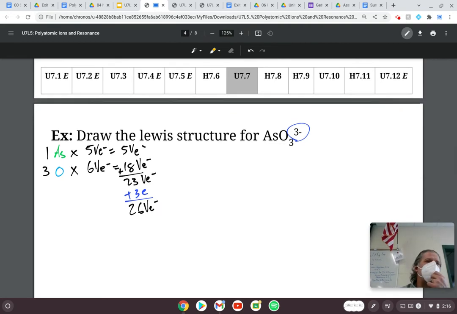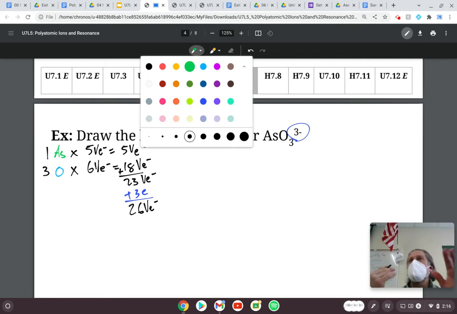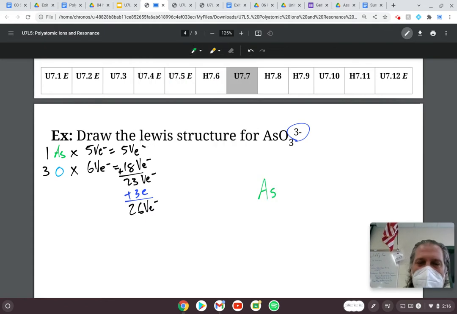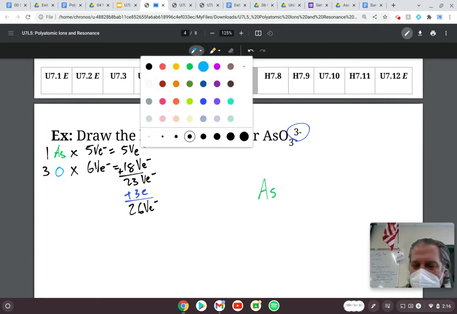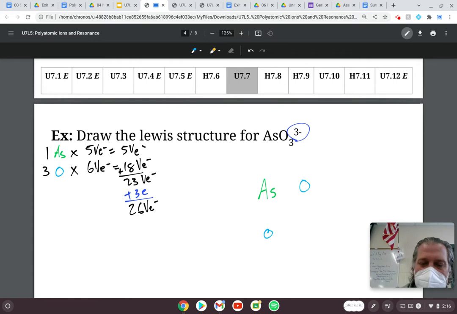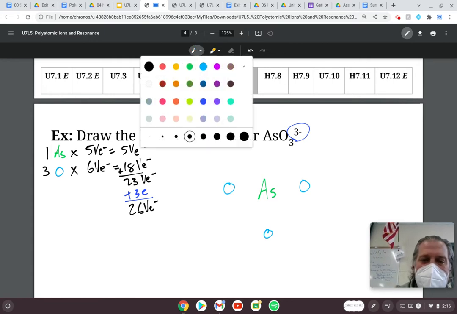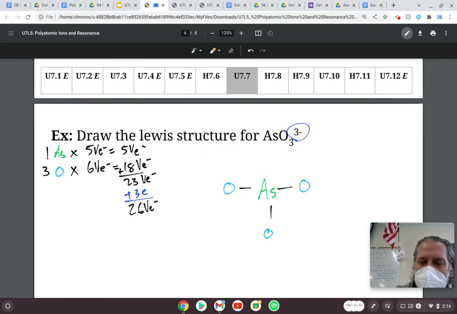So just like we've done in the past, I'm going to take my central atom, which in this case is the first atom. It's also the atom that there's only one of. So I'm going to draw that in my middle. I'm going to add my oxygens to it. So I'm going to bond them around to the central atom, and then I'm going to do single bonds like so. At this point, I've used 3 single bonds. Each single bond has 2 electrons in it, so 2, 4, 6.